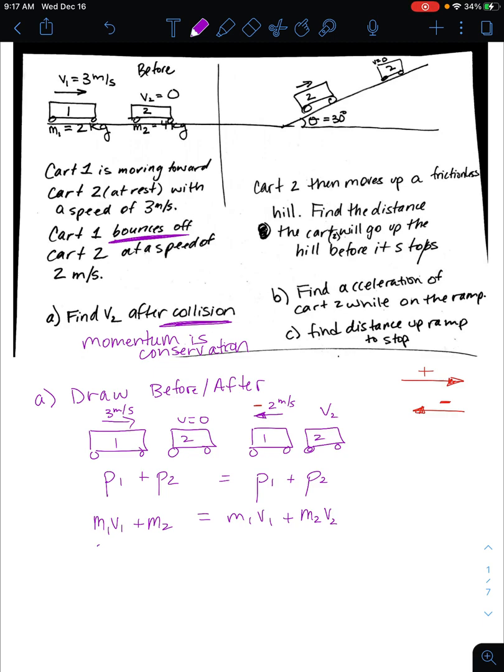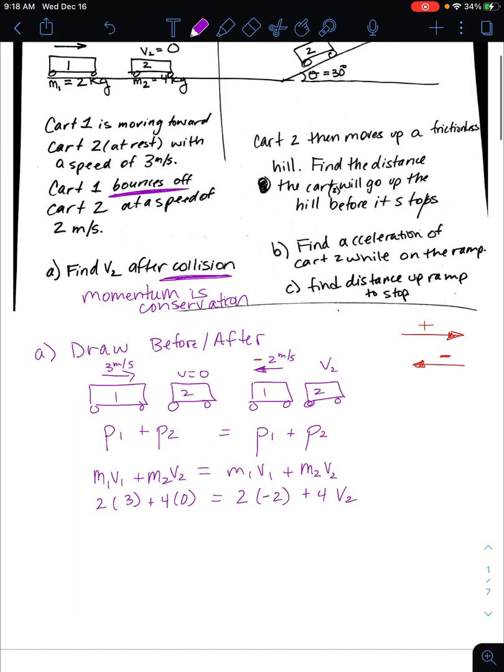And when we're plugging in, the mass is 2 kilograms and the velocity was 3, the mass is 4 kilograms, the velocity is 0. Now the mass is 2 kilograms and the velocity is negative 2, plus the mass of 4 kilograms. Let's find what its velocity is going to be.